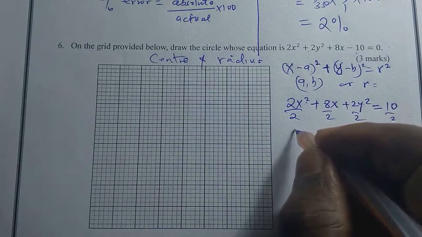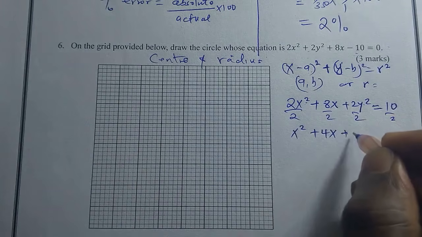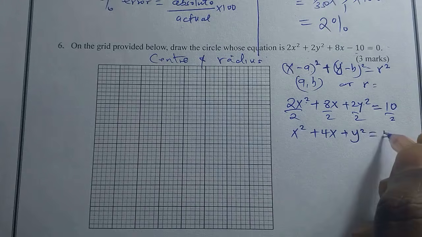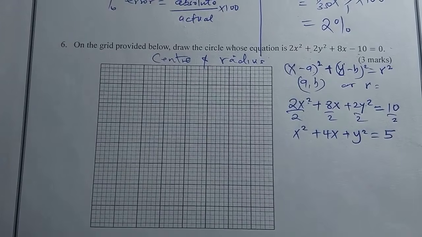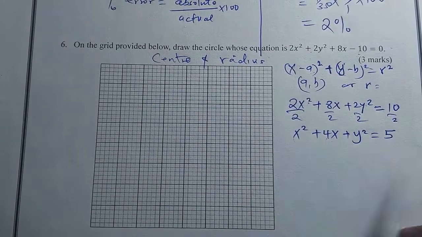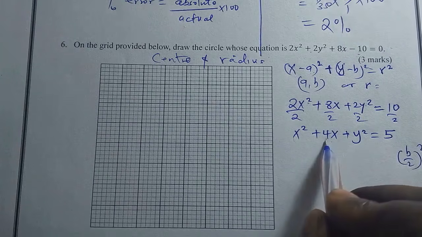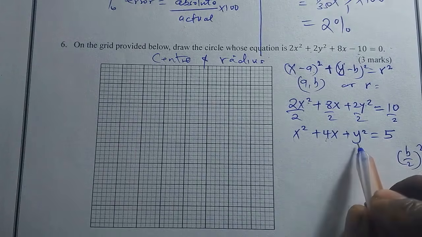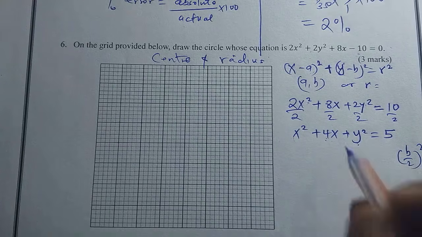So we have x squared plus 4x plus y squared is equal to 5. Now for the first part, for x, our b over 2 squared, our b is 4. But for the y, b is 0. So we are not going to bother with that.